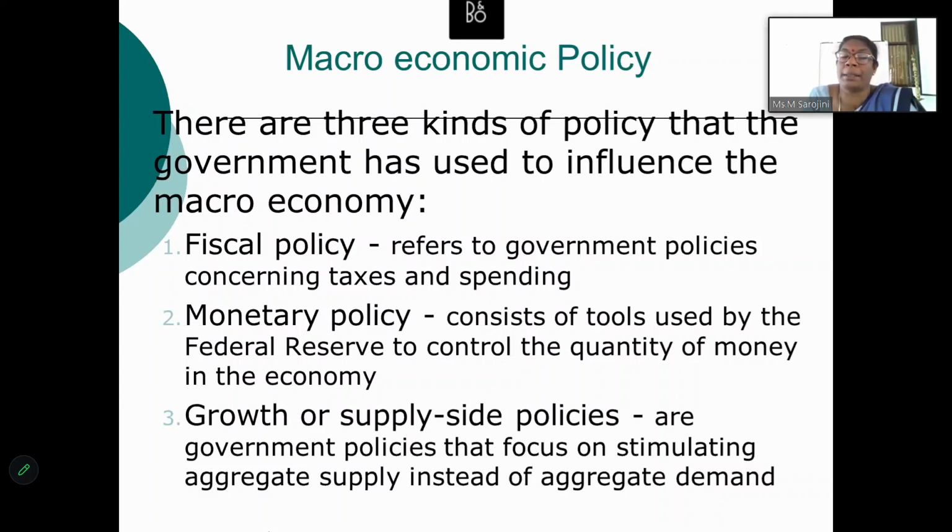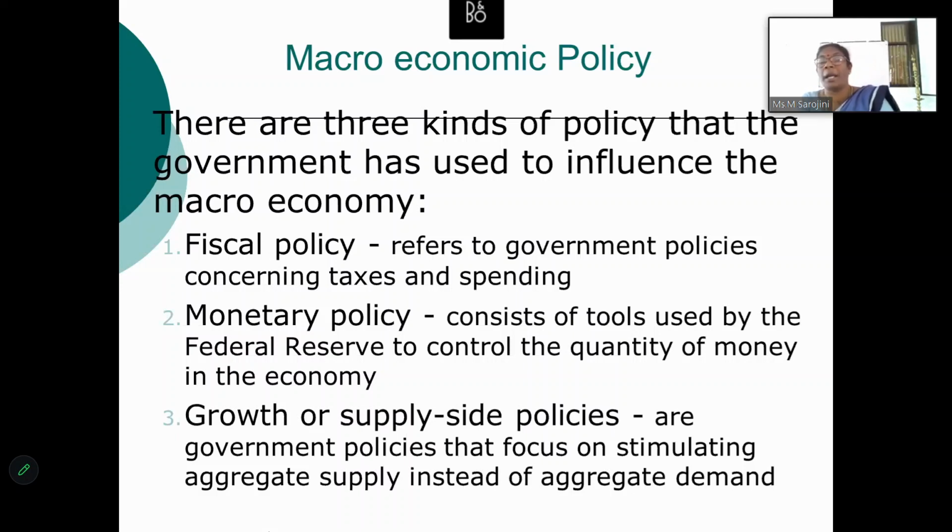But presently, the government is still spending somewhat because the inequality of poor people is very high in Sri Lanka. Therefore, to assist the low income people, they are providing some spending.